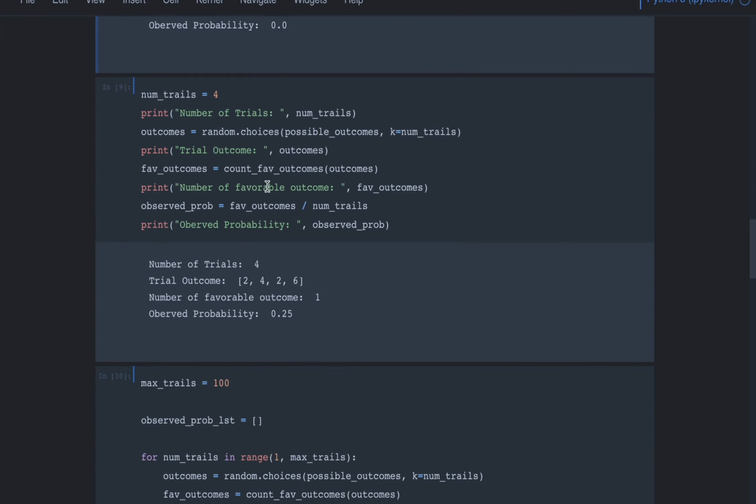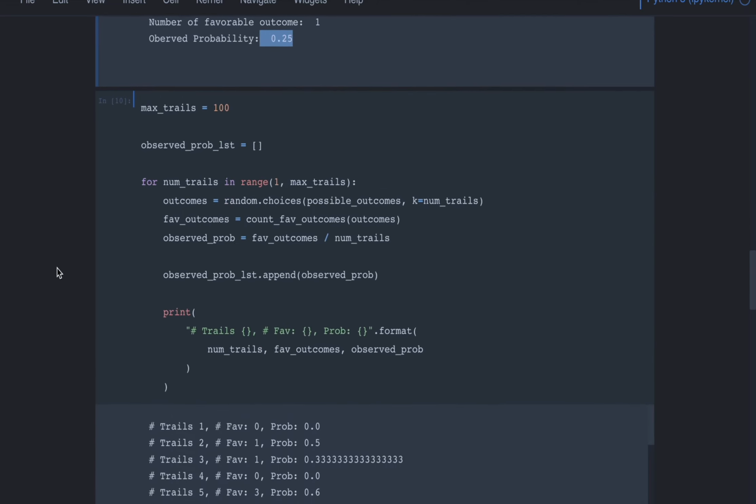Just one more trial before we do the trials many number of times. Here we are rolling the dice 4 times, and we happen to get 2, 4, 2 and 6. So the favorable outcome is only 1, which is this 6. So the probability is 1 divided by the total trials, which is 4, so we got 0.25.